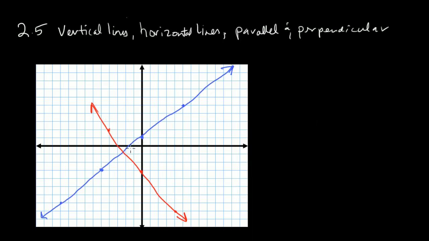But if you notice, this angle here, it's kind of hard to see, maybe my drawing isn't all that great, but that angle is a 90-degree angle. And our slopes, well, let's see if we can't write the equations for these lines.